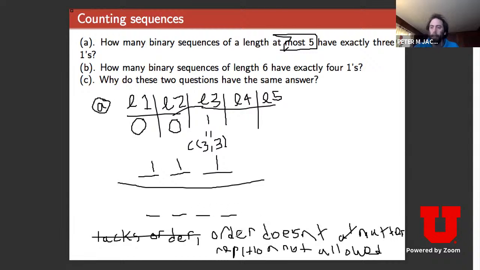We're selecting these slots in a manner in which order doesn't matter, because if we selected this slot and this slot, it wouldn't matter which order we selected them in. This is just one way in which to have exactly 3 ones. And we also can't repeatedly select a slot. So it's this type of selecting where order doesn't matter and repetition is not allowed.